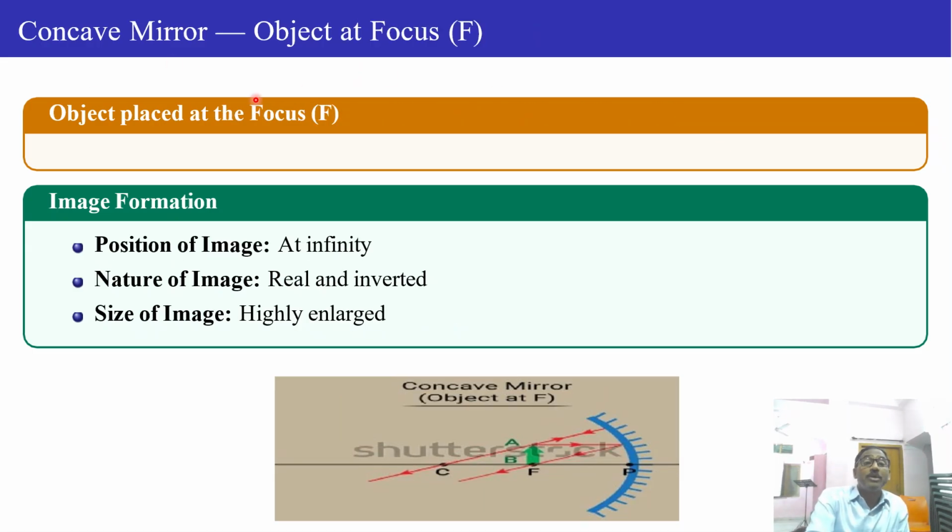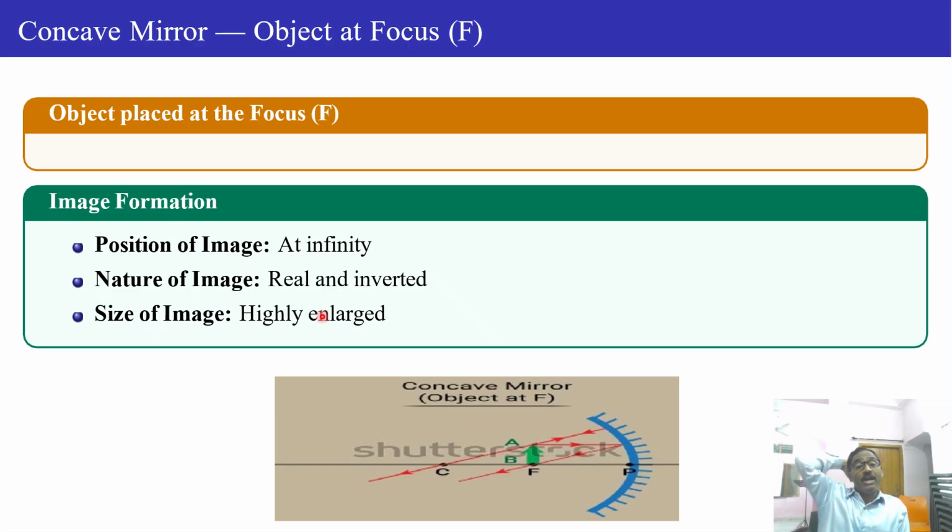So concave mirror object at focus, object placed at the focus F. If you take object at focus, you are going to get the image at infinite distance. So position of image at infinity. Nature of image real and inverted.